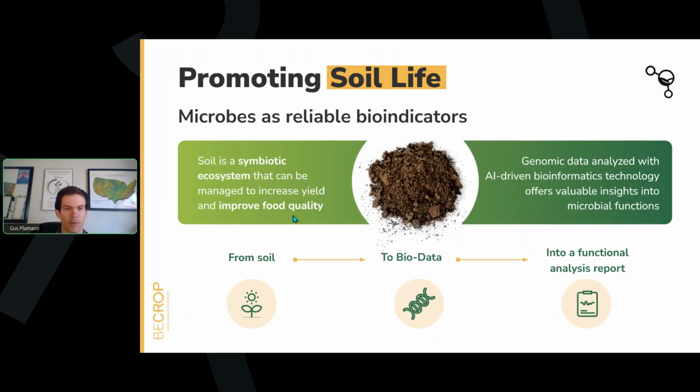The way that Biomakers technology works is that it starts with soil samples, and from those soil samples, they undergo a process of extracting and measuring and decoding the DNA, the genetic material that's in that soil, using specific biomarkers that certain soil microorganisms have. So that's this first step from soil to biodata.